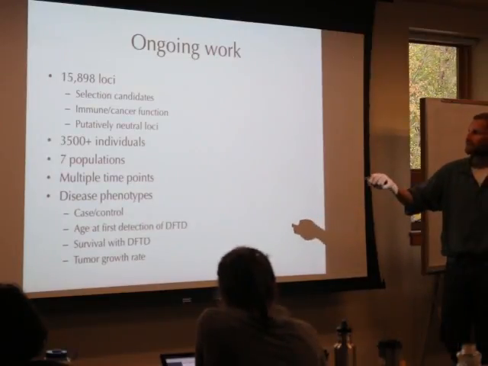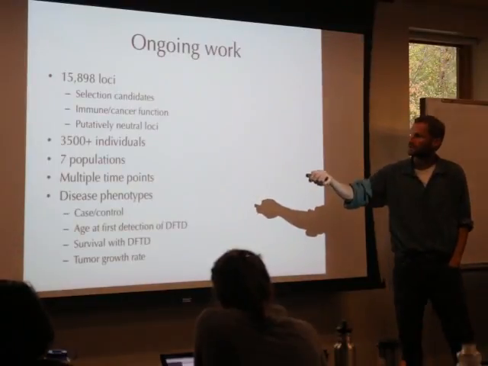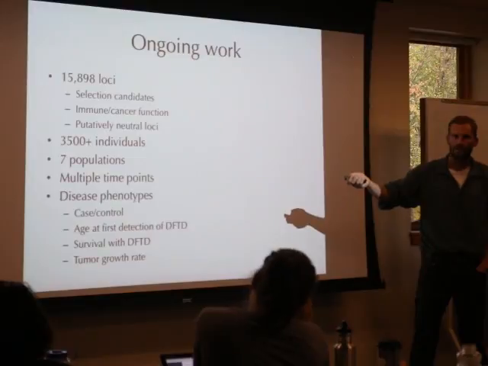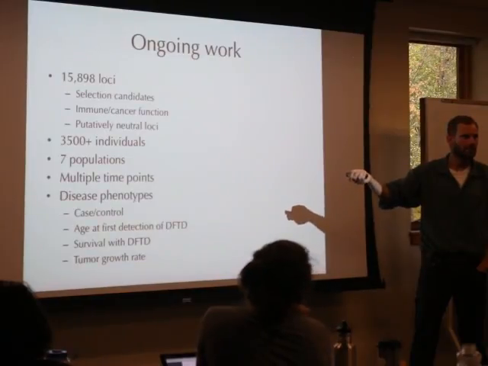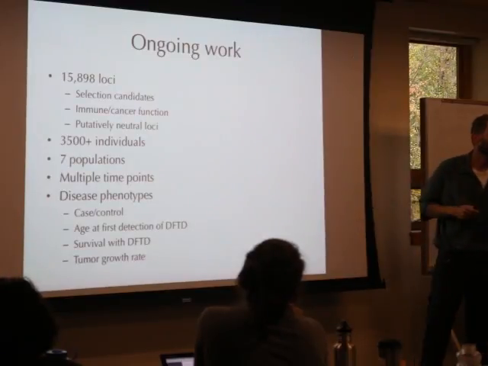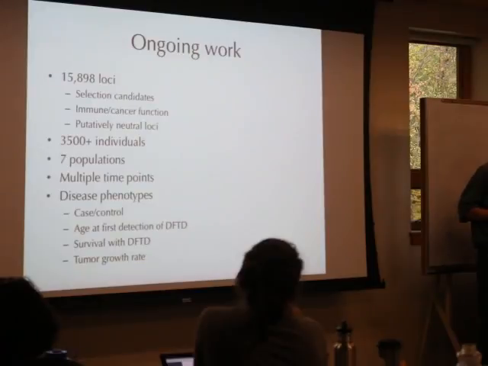So like I said, we had this many individuals. If we were to do normal RAD, especially using the enzyme that we did, we would have been pooling 24 individuals per lane, so that was 150 HiSeq lanes if we wanted to do normal RAD. So that's why we did this.